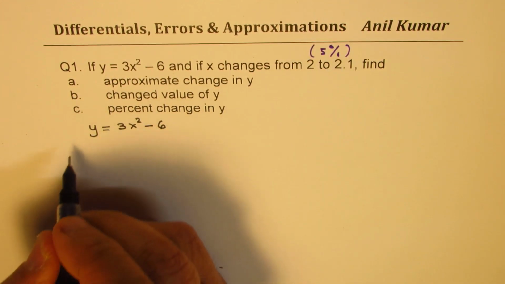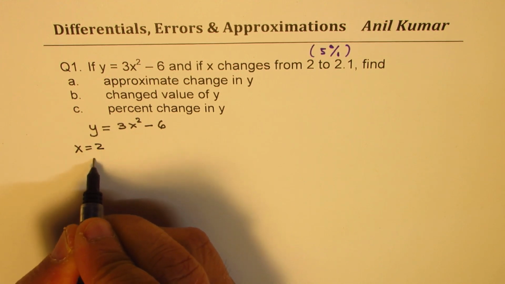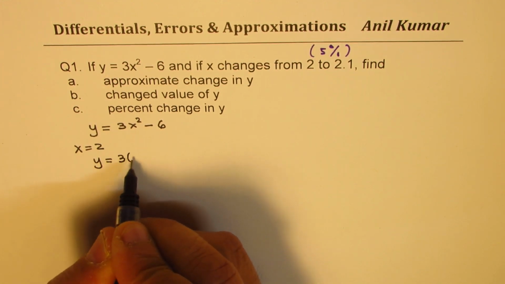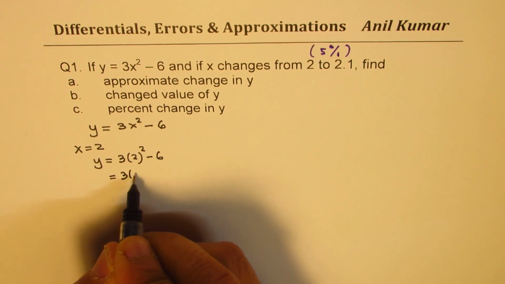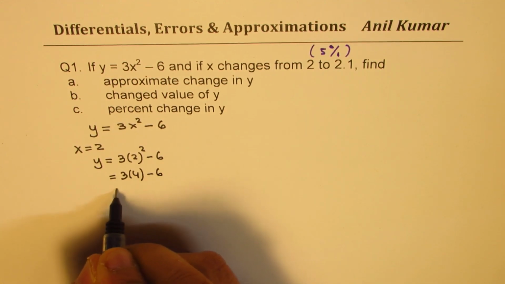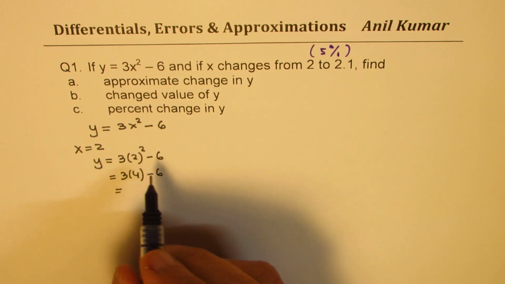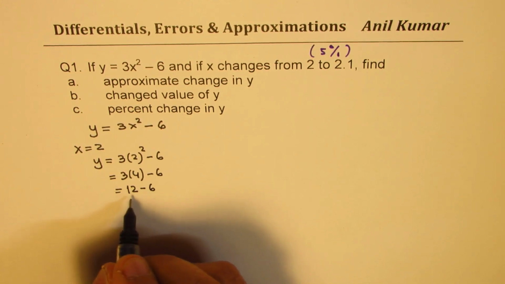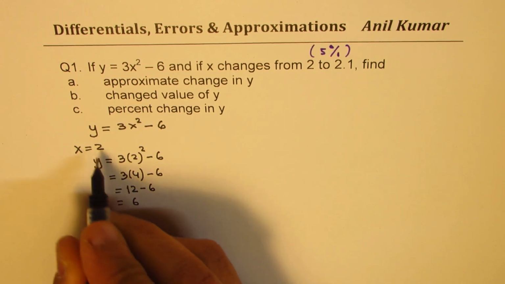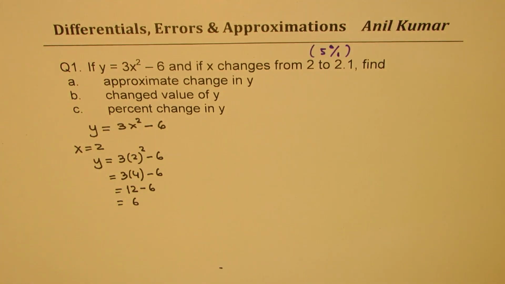Now at x equals 2, the y value is 3 times 2 squared minus 6, which is equal to 3 times 4 minus 6, or 12 minus 6, which is 6, right? So the value of y at 2 is 6.